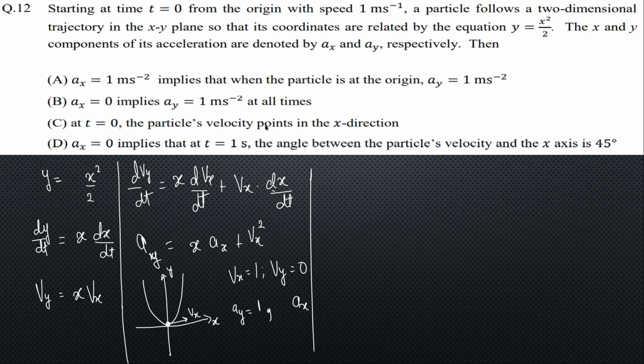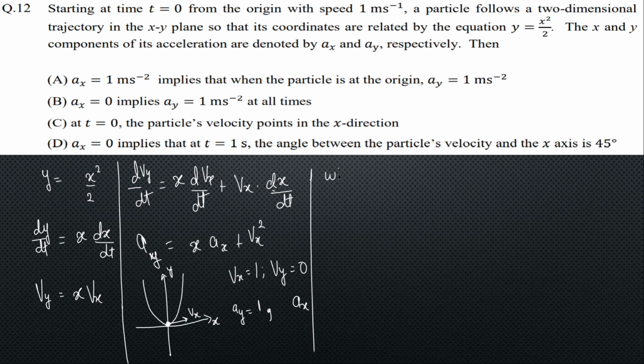So now we'll check for option number 2, that is option number B, that if ax is 0 implies that ay is 1 at all the times. You see, if ax is 0, ay is always equals to vx whole square, and you see that vx is constant, because ax is 0.